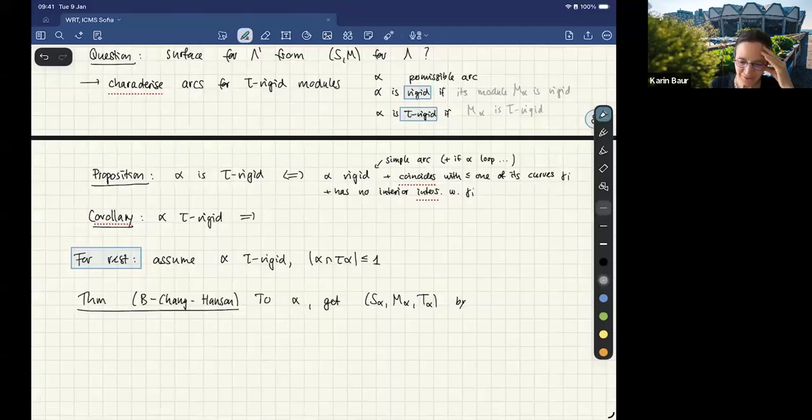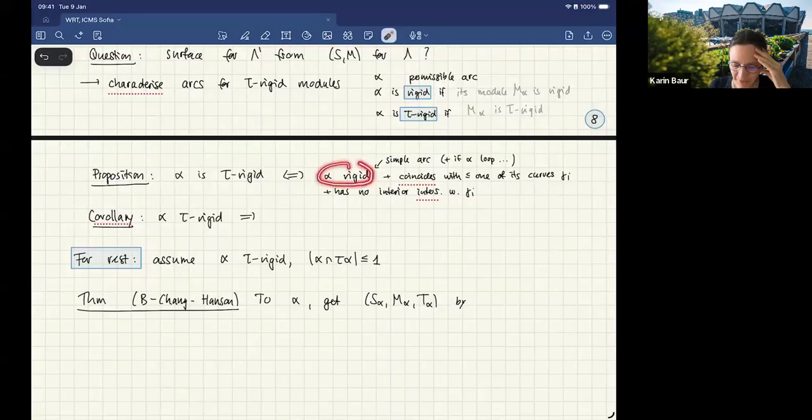So, okay, and this is going to be a little bit technical. So we want that the curve is rigid because I said tau rigid is stronger than rigid. That means it's simple, doesn't intersect itself. And if it's a loop, we have to do some extra conditions, which I skip here. Then for the tau rigidness, there are two curves that you can associate to alpha, which correspond to adding a hook or removing a co-hook to the module.